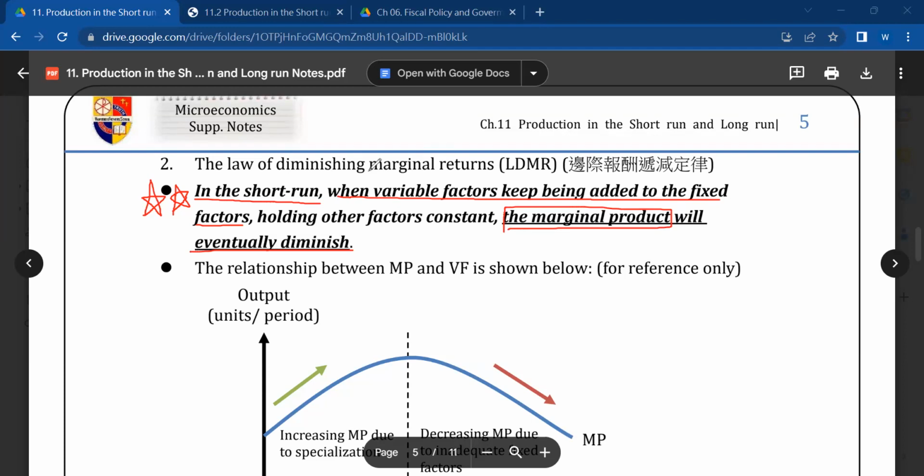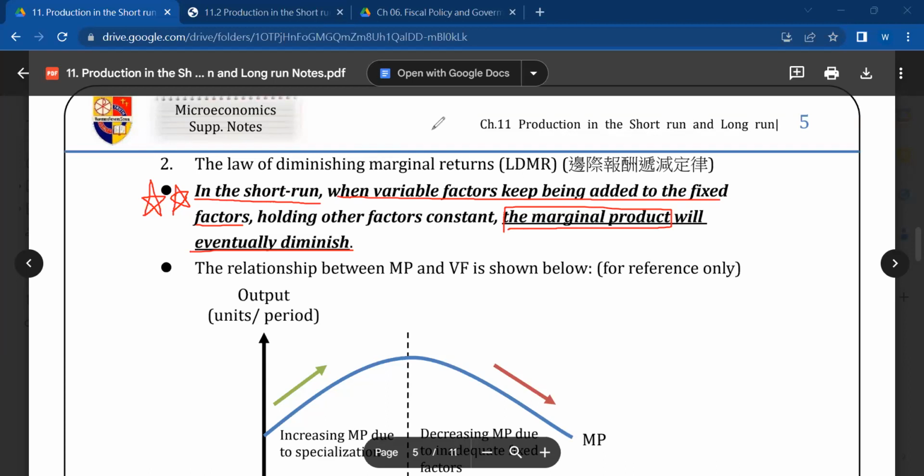So this is the definition of the LDMR. Please remember the definition.